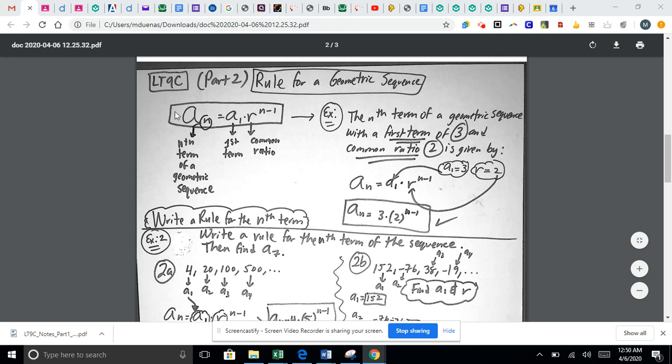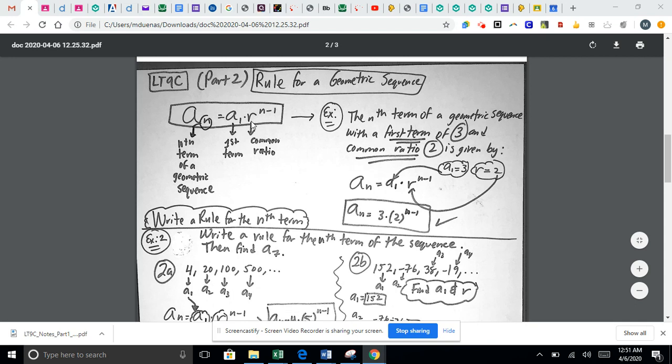So remember from before with the arithmetic sequences, A sub n is basically the nth term. In this case, it's the nth term of a geometric sequence since we're focusing on a geometric sequence. So whatever term value that we're focusing on, that's your A sub n. And your A sub 1 is the same as before. It's the first term of your sequence.